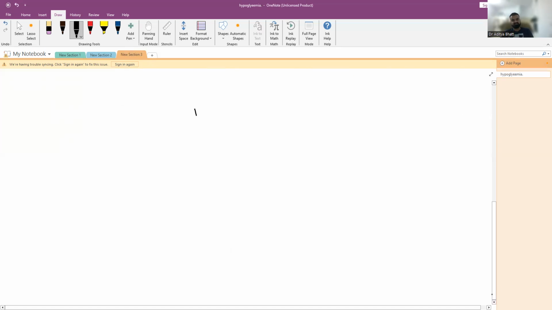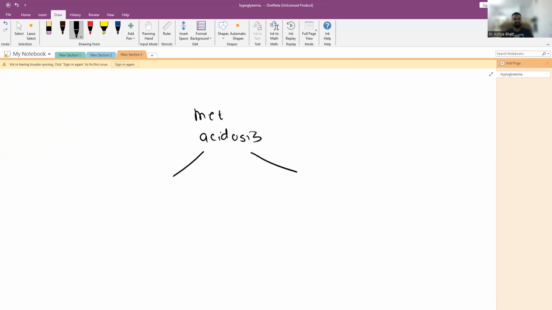Now, the presenting feature you saw is metabolic acidosis. So in case of metabolic acidosis, again the next step you go for is ketosis. If the ketosis is present or if the ketosis is absent. So if the ketosis is present, next investigation you go for is ammonia.